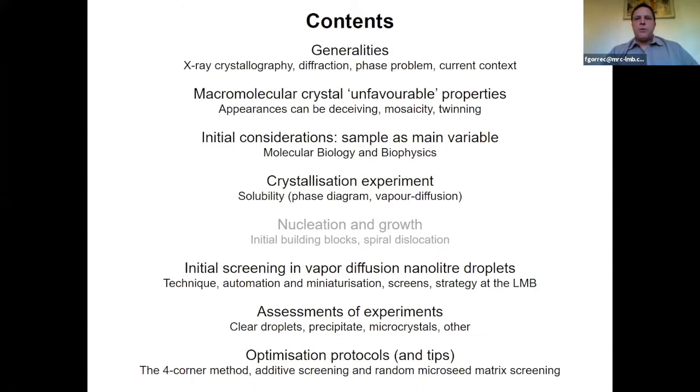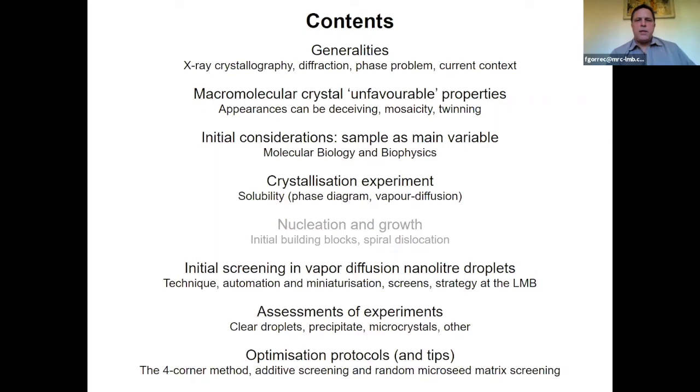I will try to describe the characteristics of the macromolecular crystal, which unfortunately are quite unfavorable in most cases. The main aspect is the sample, which has to be suitable to be successful in crystallization experiments, and I will cover a few aspects there.